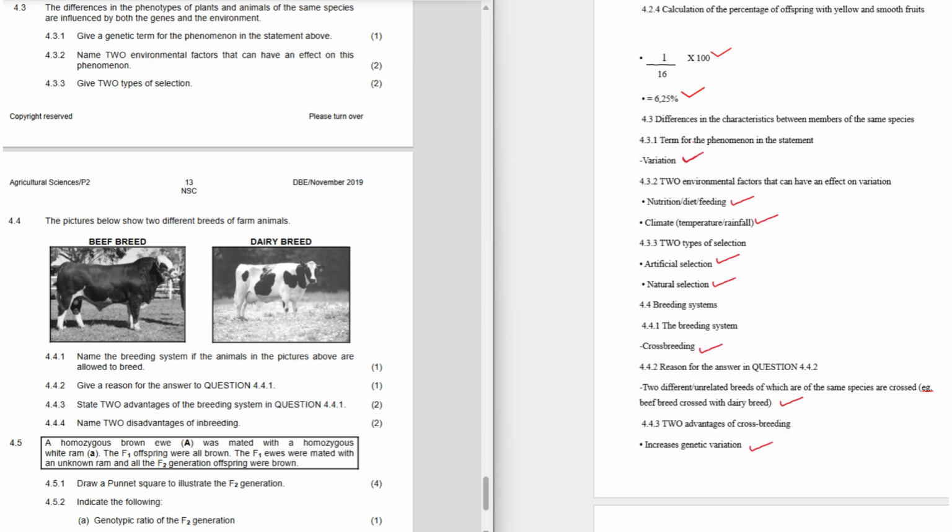Then let's look at the people who live away from the equator, let's say Cape Town, close to the sea. They are light skinned, right? So you can see that temperature can have an effect on variation.